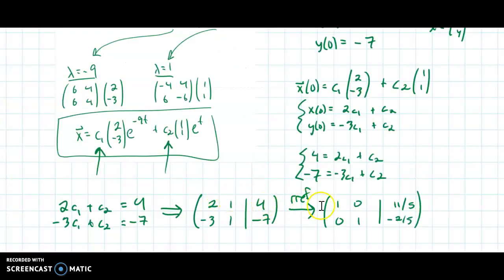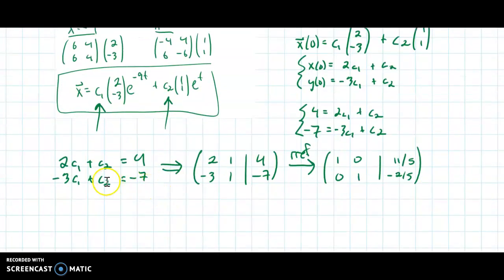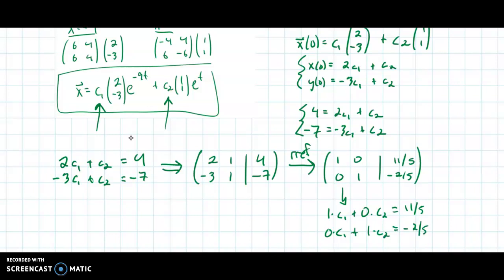So you can see here that I rref'd this thing to get 11/5 and 2/5. If I were to do the opposite of what I did to get this into a matrix and take this matrix and turn it back into the system, then what this would represent is 1 times C1 plus 0 times C2 equals 11/5, and 0 times C1 plus 1 times C2 equals negative 2/5.